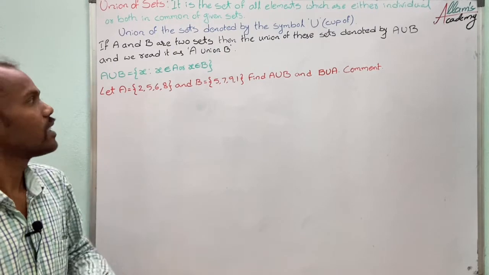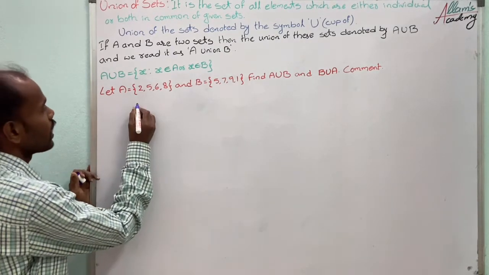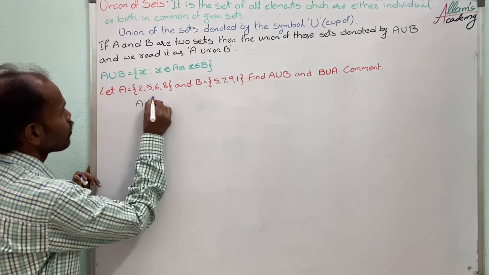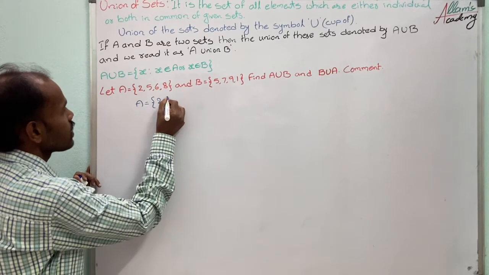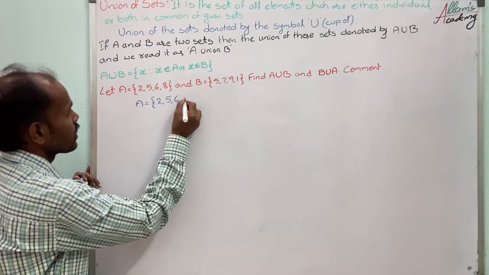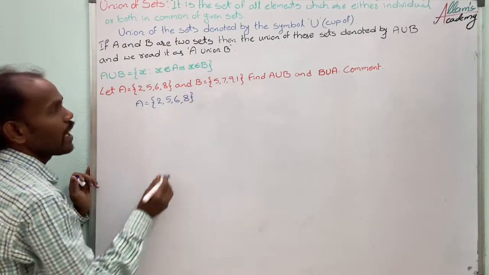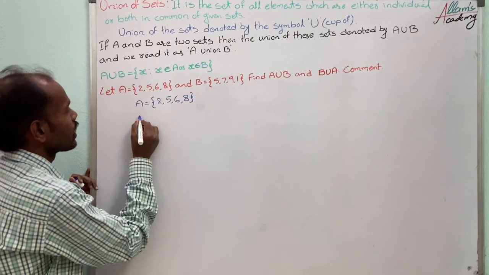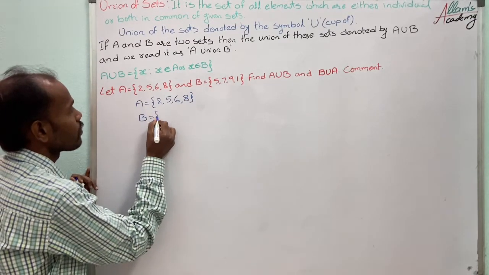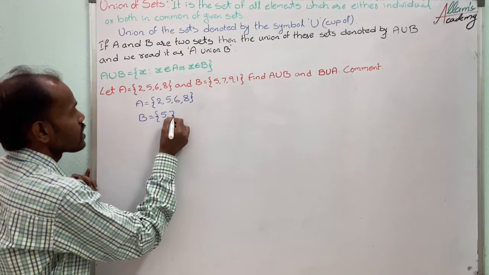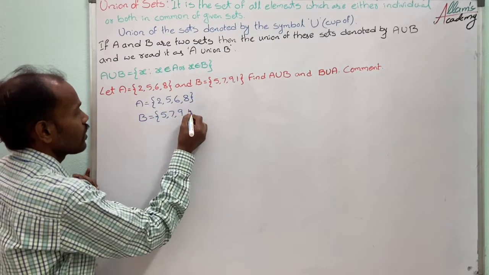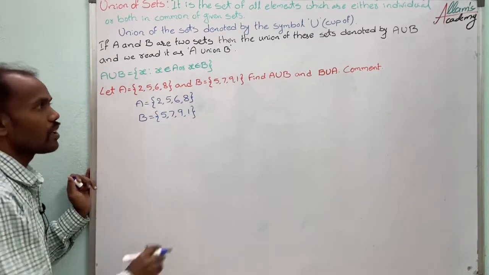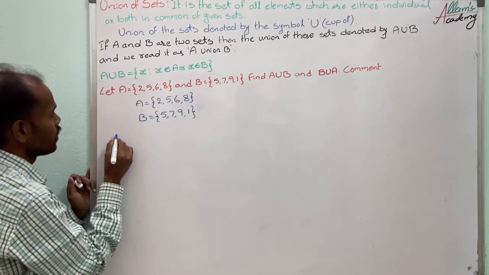So the set A is given with elements 2, 5, 6, 8, and the set B contains 5, 7, 9, 1. First, finding A union B.